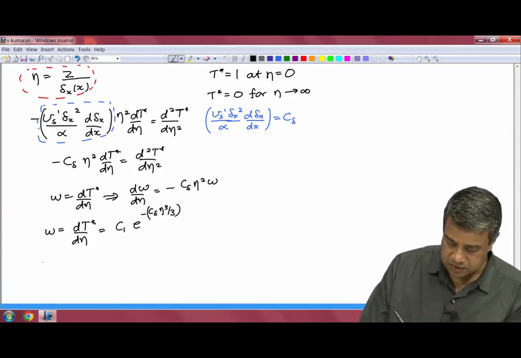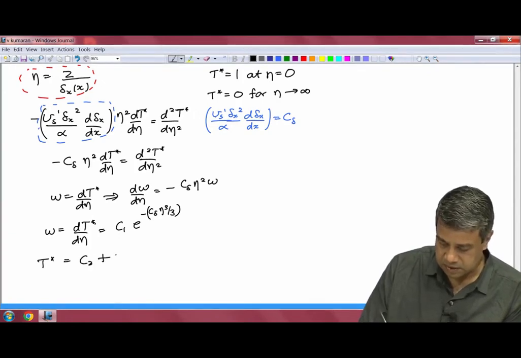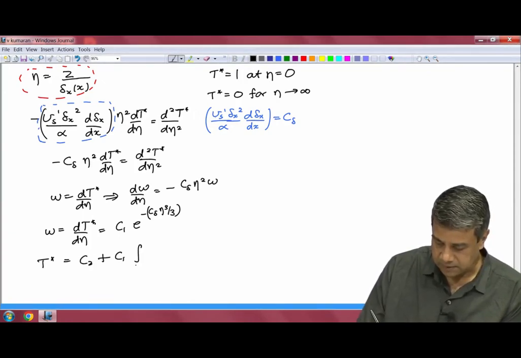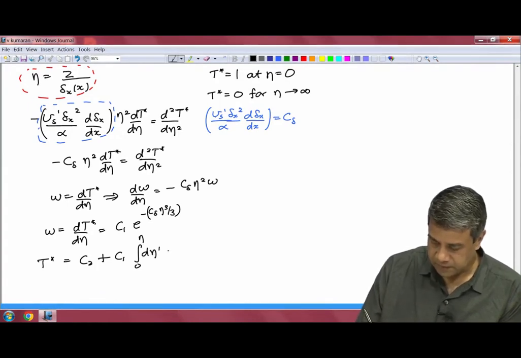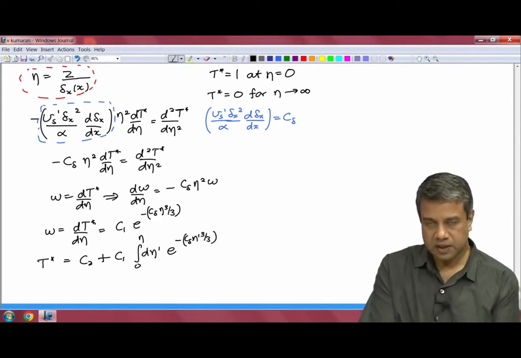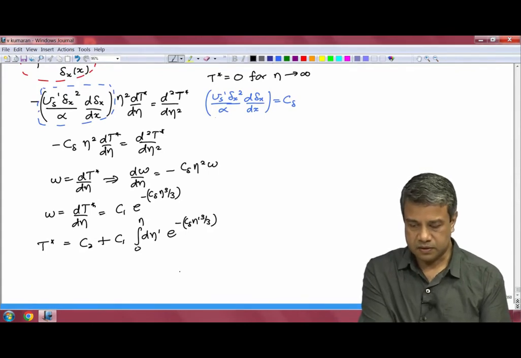And you integrate once more and you get T star is equal to C2 plus C1 integral 0 to eta d eta prime e power minus C delta eta prime cubed by 3. So, that is the final solution, and then you have to apply the boundary conditions.